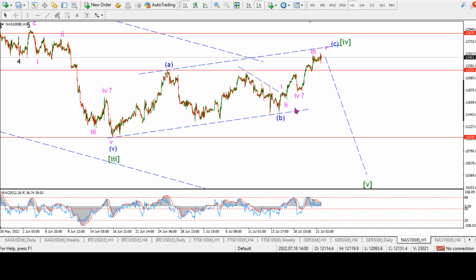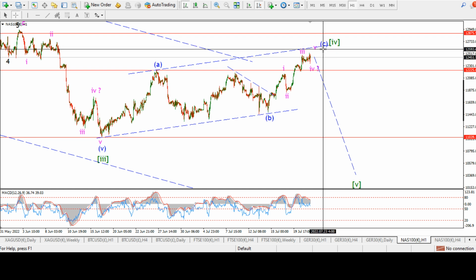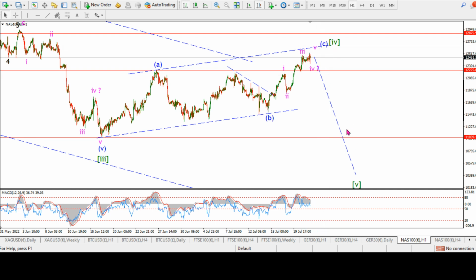You could label it this way, and I'm not against that at all. It could be wave 1, 2, 3, correction wave 4 now ongoing, pop in wave 5, probably towards 12,500 or 12,600, and then we drop again next week.